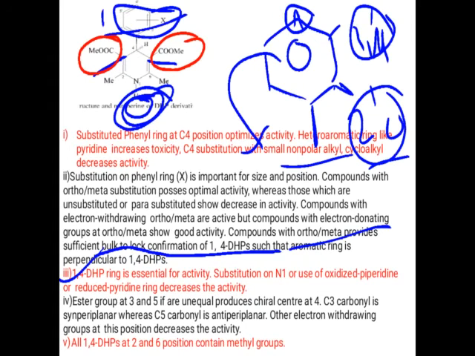And the C3 carbonyl is syn periplanar, whereas the C5 carbonyl is anti periplanar. Other electron withdrawing groups at this position will decrease the activity. So there must be a presence of COOCH3. You cannot make any substitution other than COOCH3.